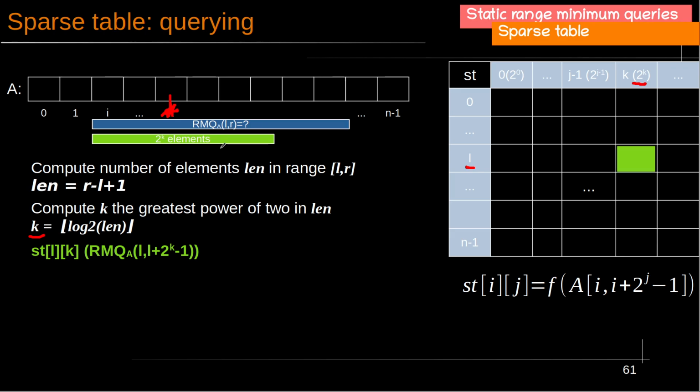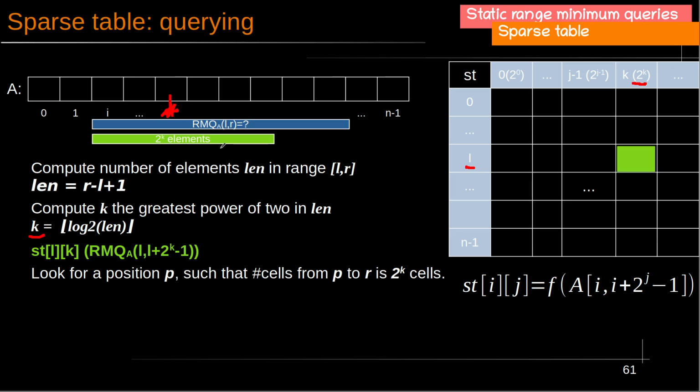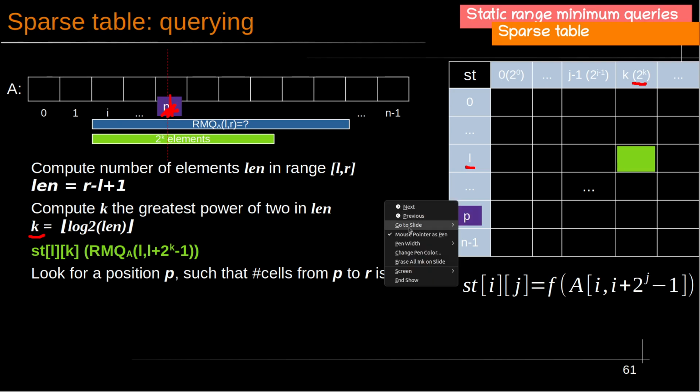What about the rest now? The rest of the range. We're going to look for a position p such that the number of cells from p to r is 2 power k cells too. It could be from this position in the table. It could be from there.